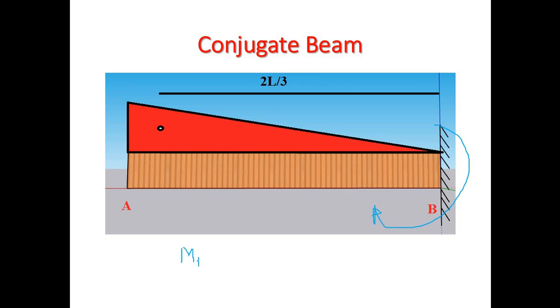The moment in the conjugate beam at point B is equal to the total load times the lever arm. The total load is half into the length L multiplied by PL by EI.